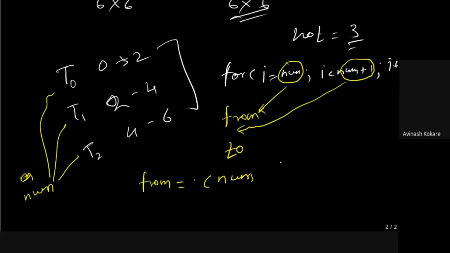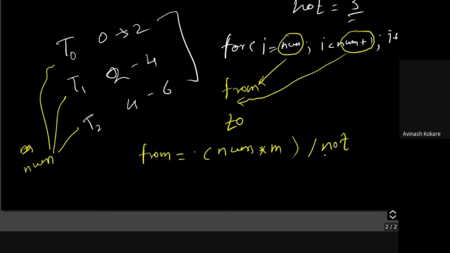Num is indicating the thread number. Num into m, say m is the size of the matrix, num into m divided by number of threads.